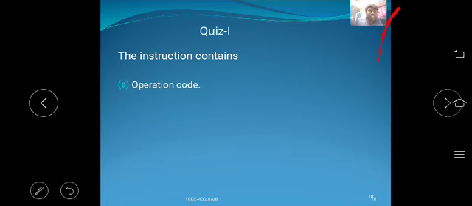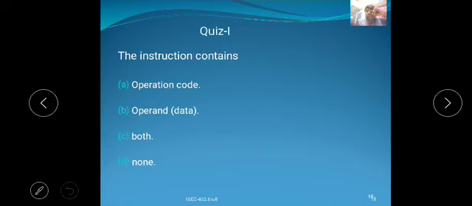The instruction contains dash. Option A, operation code; B, operand; C, none; D, both. The instruction contains both operational code and operand.